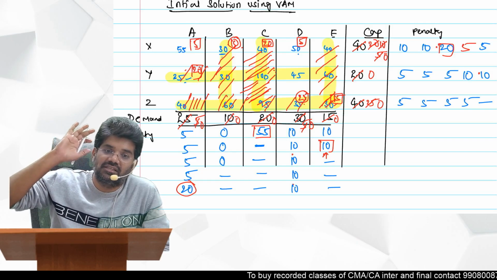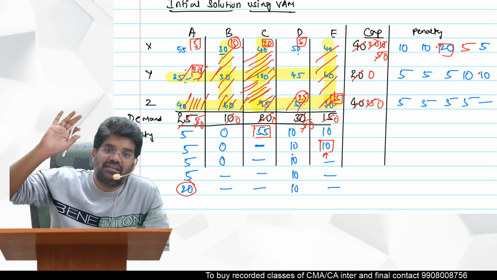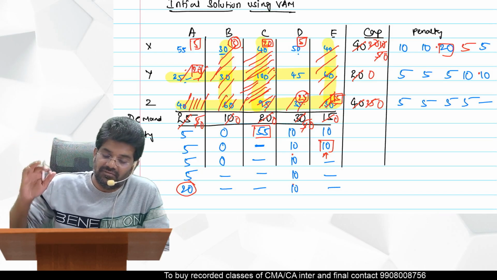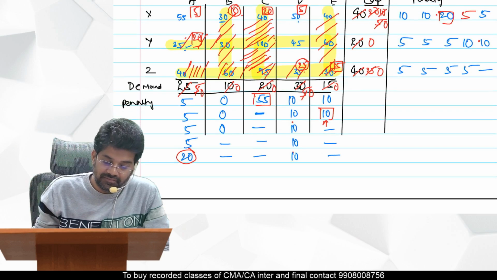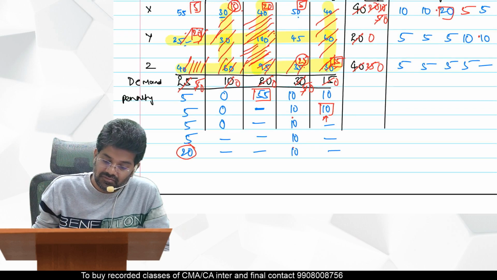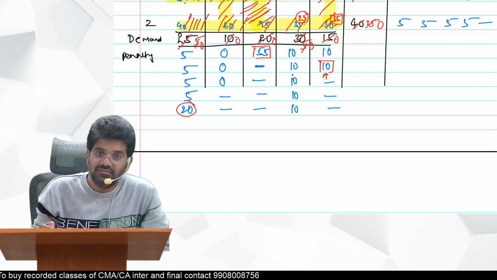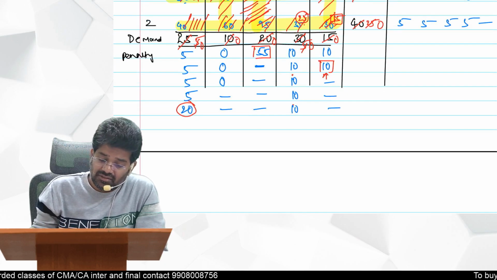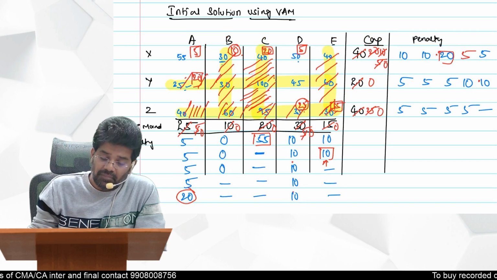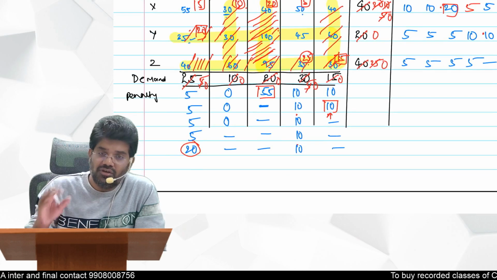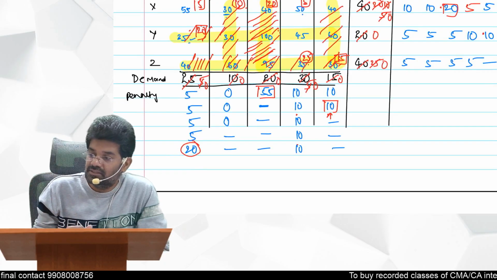If even maximum quantity is also a tie, then arbitrary selection you can do. Okay, remember that point. So if there is a tie between penalties, what you have to do, I have covered. In your notes also you can make a note of that.